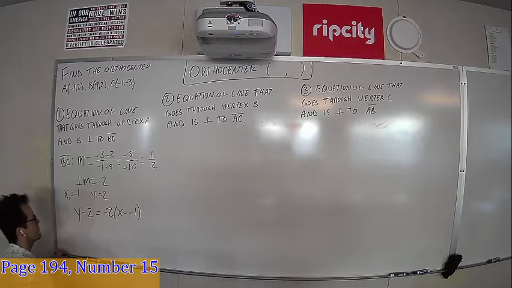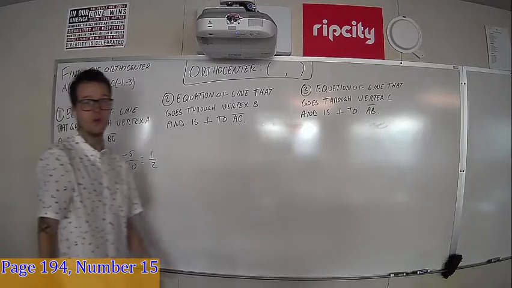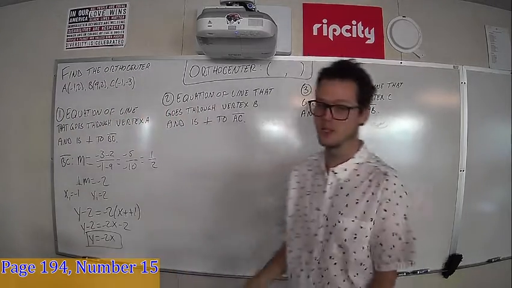I'm going to go ahead and simplify this right here, right now, because I'm right next to it. So this is going to be a chop-chop situation. I'm going to distribute the -2. Y minus 2 equals -2x minus 2. And then I'm going to add 2 to both sides. So y equals -2x. If I add 2 to the left, I add 2 to the right, this is going to end up canceling out. So in simplest form, the equation of this line is y equals -2x. There's one of our three equations that we need to find.